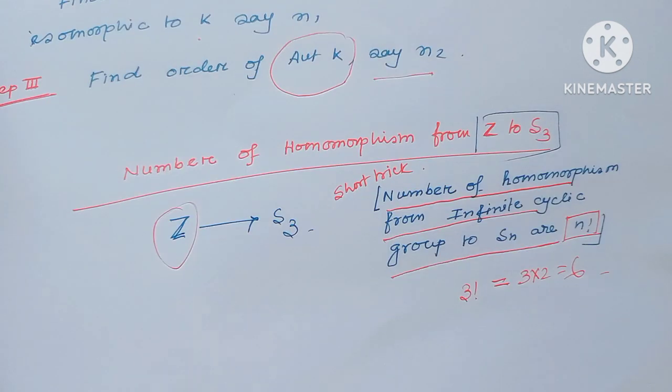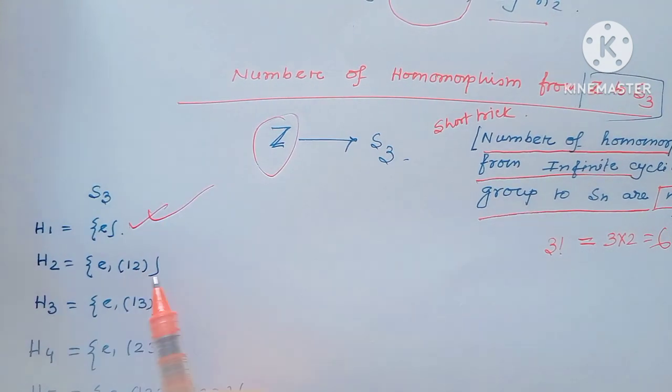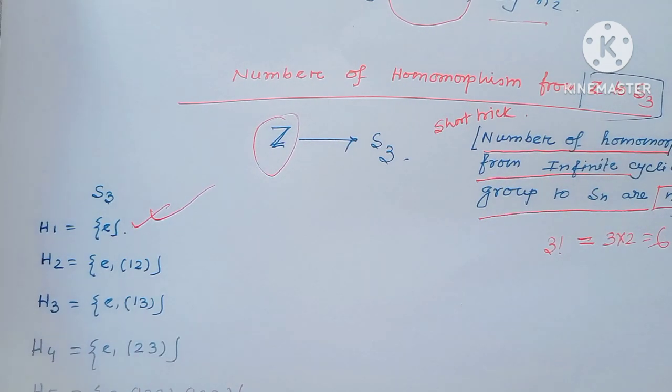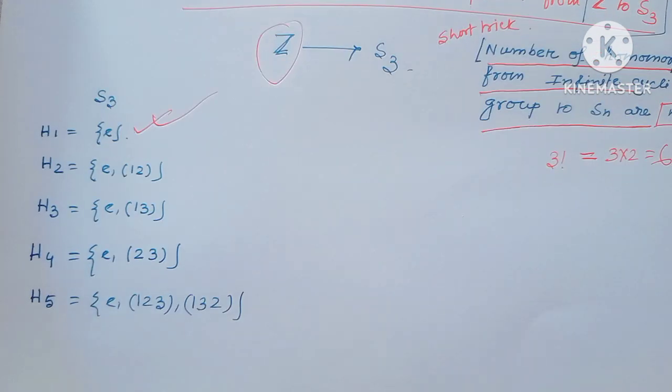We know the normal subgroups of Z look like Z, 2Z, 3Z, 4Z, 5Z, and so on. And the subgroups of S3 are: S3 itself, the trivial subgroup, the subgroups of order 2, which are identity with (1 2), identity with (1 3), identity with (2 3), and the subgroups of order 3, which are identity with (1 2 3) and (1 3 2).